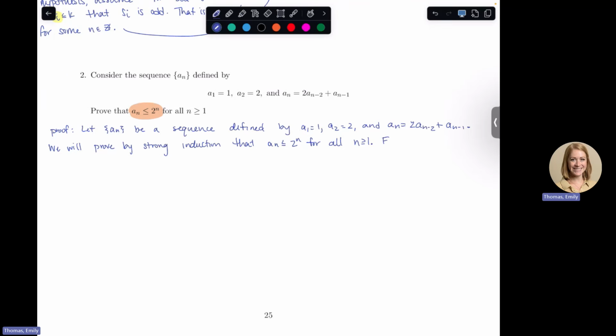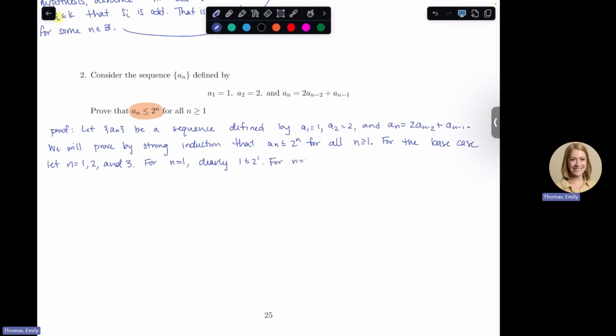For the base case, let n equal 1, 2, and 3. For n equals 1, clearly 1 is less than or equal to 2 to the first.